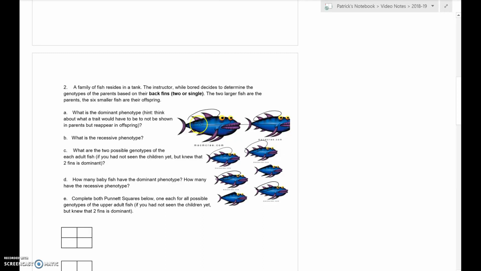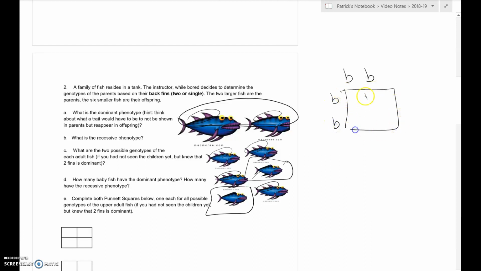Is it possible for 2 parents with a recessive phenotype to end up with an offspring, or in this case 2 offspring, that have a phenotype that's different than them? So let's think about that with a Punnett square, for example, if we were using b's here for our recessive trait. If the parents had the recessive trait, the only possible offspring they can have is children that look like them.